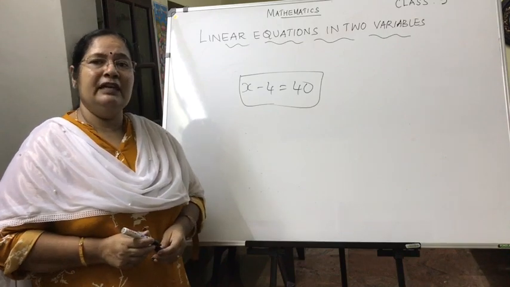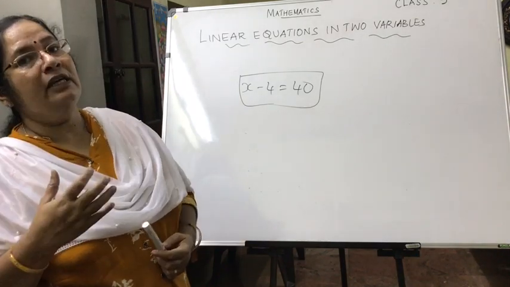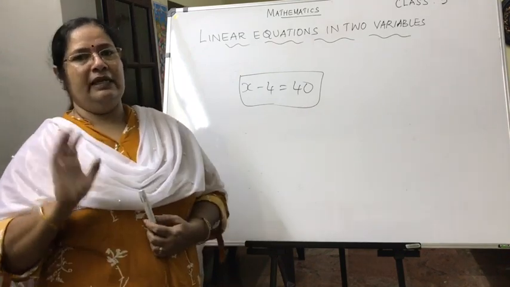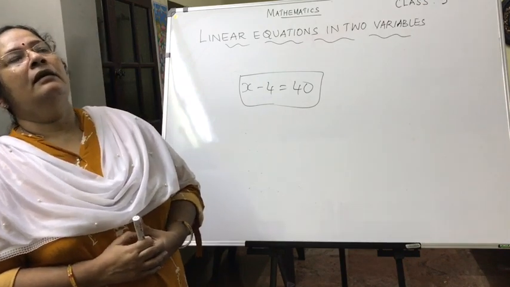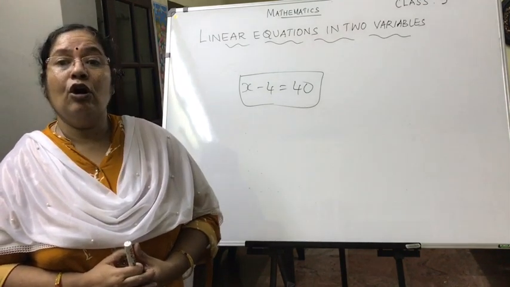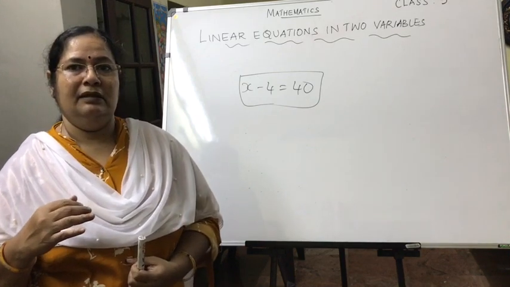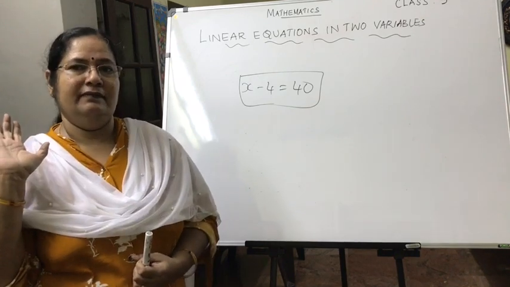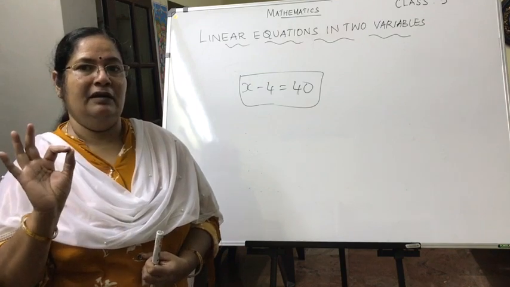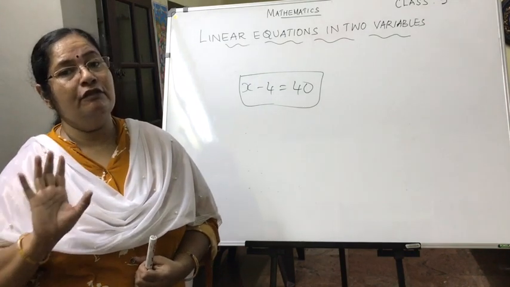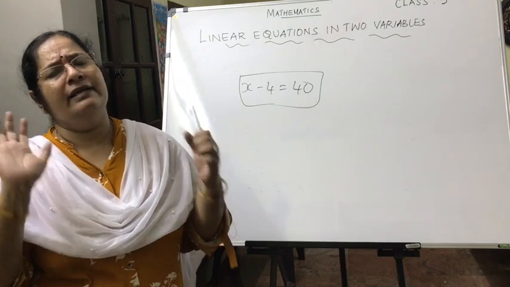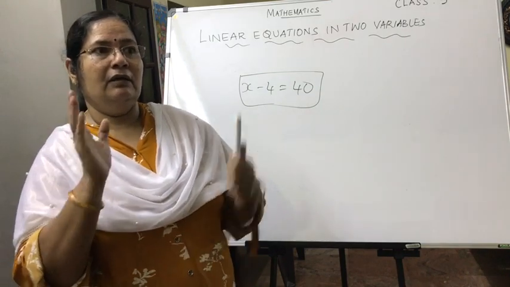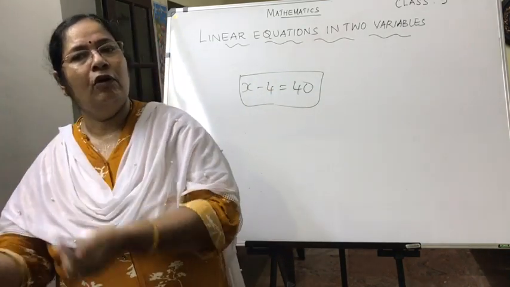Now in the same way, you may be given statements to form equations for linear equations in two variables. One simple statement I will give you. Say, the cost of an apple is 3 times the cost of an orange. How will you write that as an equation? So there are two things you don't know. What are they? The cost of an apple you don't know, and the cost of an orange you don't know.